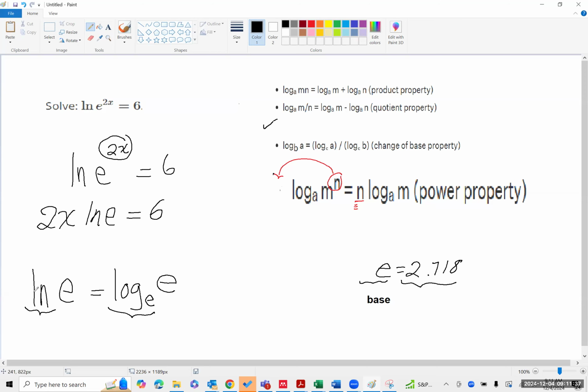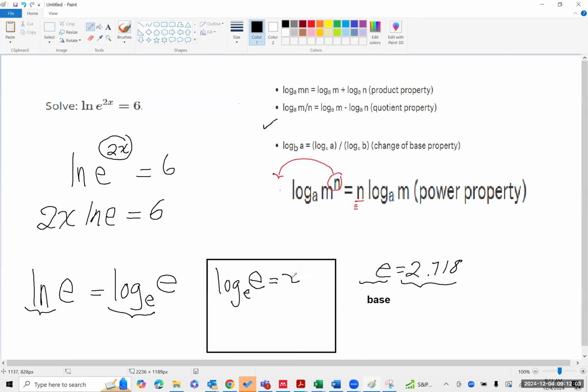Now, there's an additional point to make by looking at this over here. Let's do it in a little box. Let's try to see what this means. Log base e of e, and now I'm going to put an x over here. By now you should have some idea of how to rewrite this as an exponential.